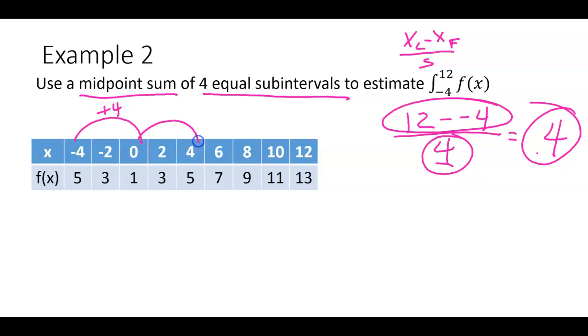We jump 4 again, we jump 4 again, and we jump 4 again. And each one of those represents the width of my rectangle, which we can also call delta x, the change in x for each rectangle, okay? And how many of those do I have? 4. I've got 4 4s, right? Because they wanted 4 equal subintervals. Okay, now we're going to do the midpoint sum.